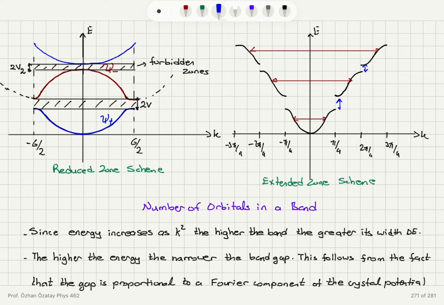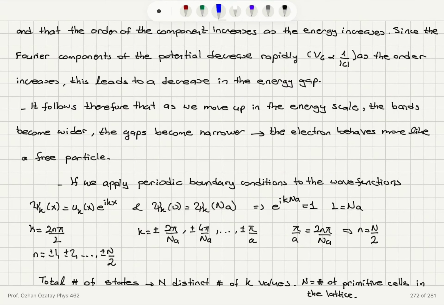So therefore you can see that the reason the band gap gets smaller is because it's proportional to the Fourier coefficients of the crystal potential, and the Fourier coefficients will decrease as a function of 1 over G. That's due to the electrostatic potential decreasing as 1 over r in the direct lattice.